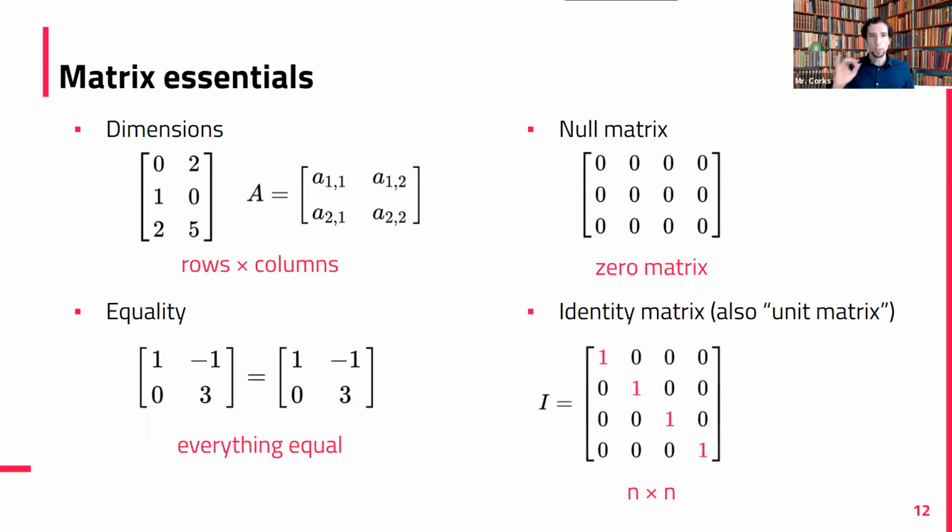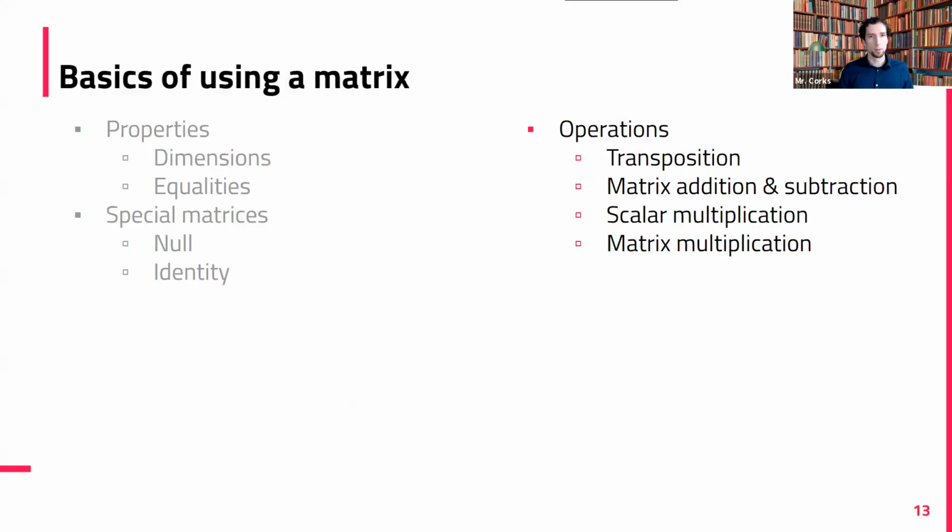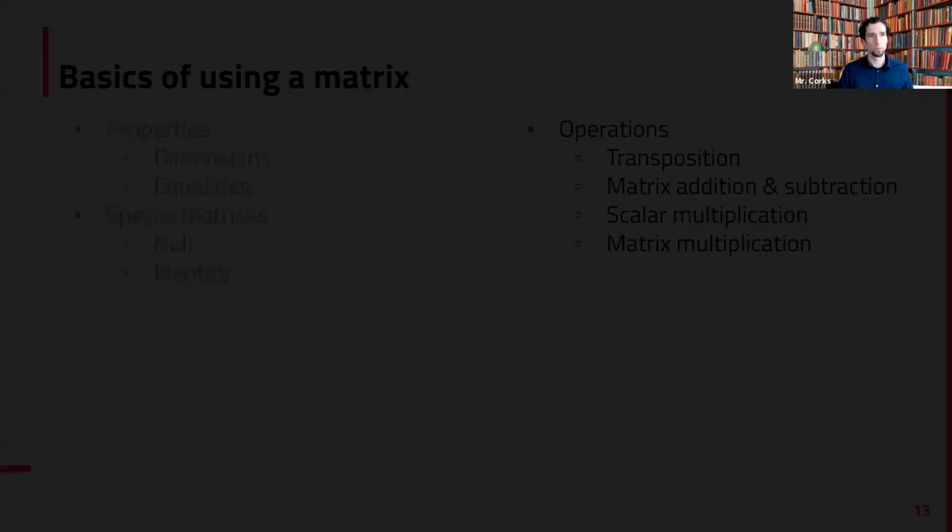We will talk briefly today about why we care about a null matrix and an identity matrix and where we put those into use. So transposing, adding and subtracting, scalar multiplication, matrix multiplication. Those are the 4 core operations for dealing with matrices that we should be familiar with.